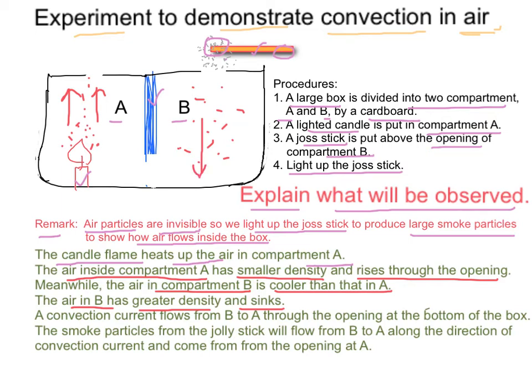As a result, a convection current 對流 flows from B to A through the opening at the bottom of the box.